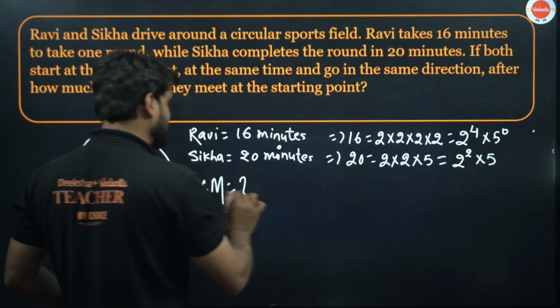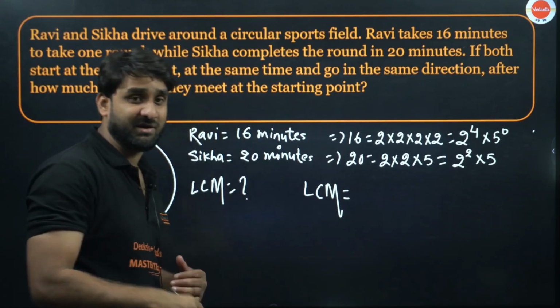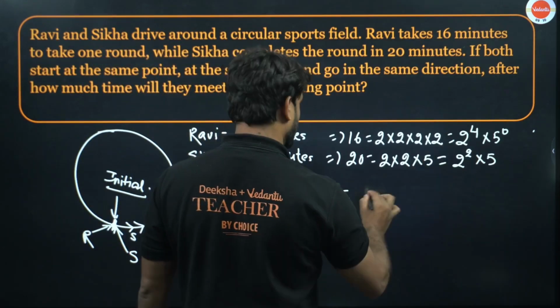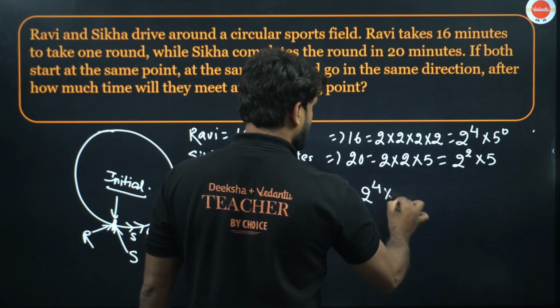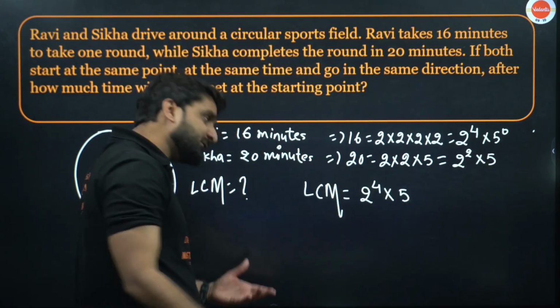Now find out the LCM. I have already told you, champion, to find the LCM we always take the greatest power. So the greatest power of 2 will be 2 to the power 4, and for 5, 5 to the power 1 will be considered. Simple.